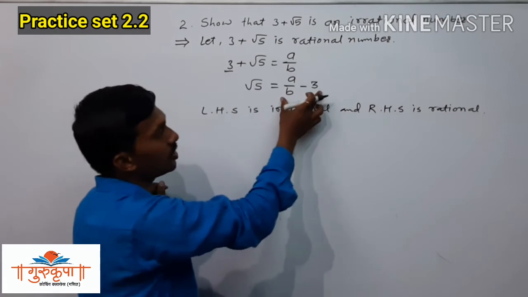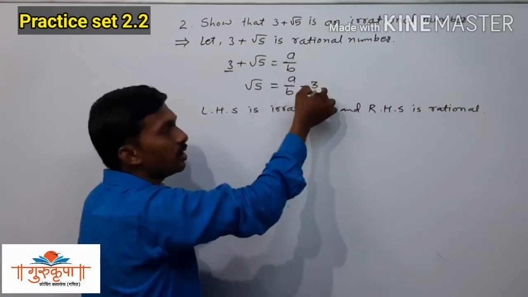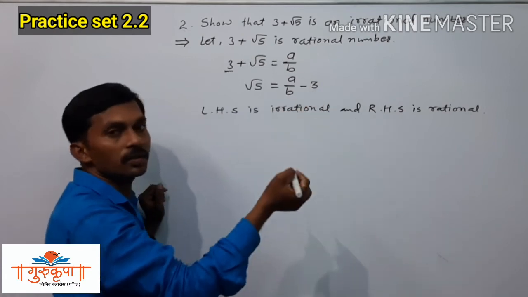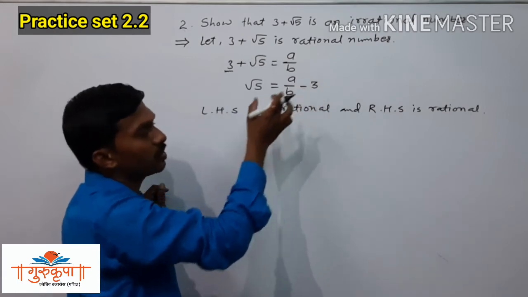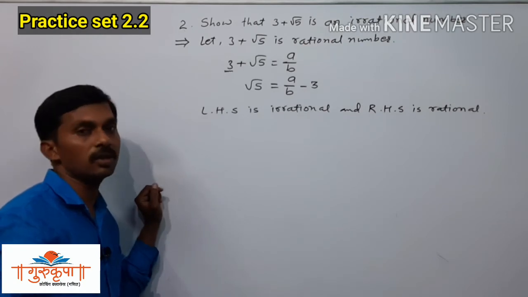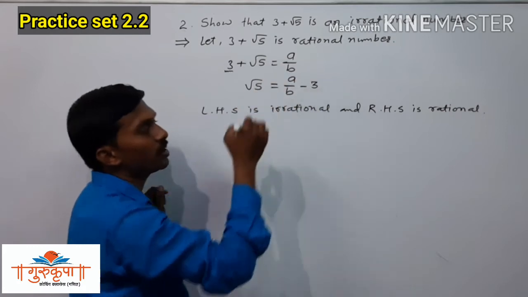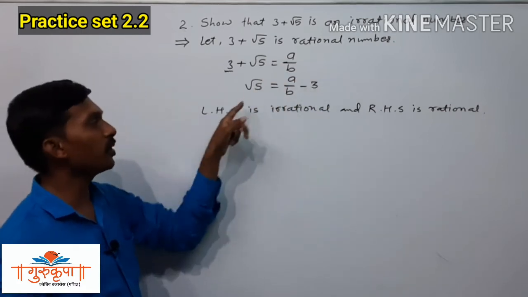And here RHS, A upon B is a rational number, 3 is another rational number, and we know that the subtraction of the two rational number is always a rational number. So totally together A upon B minus 3 is a rational number and root 5 is irrational.